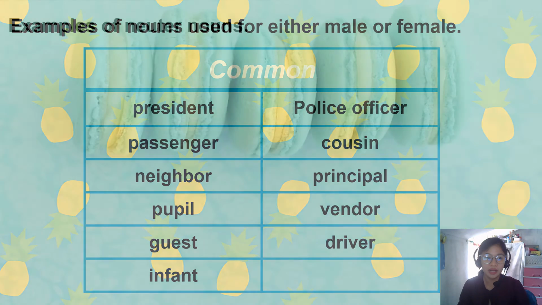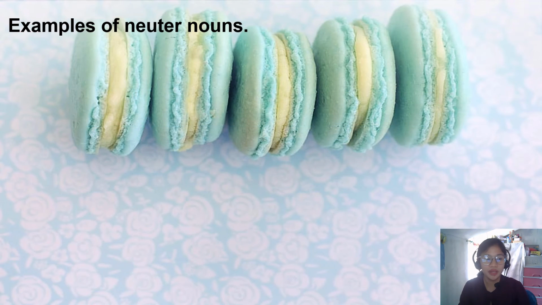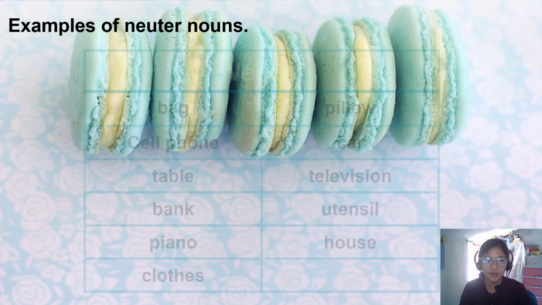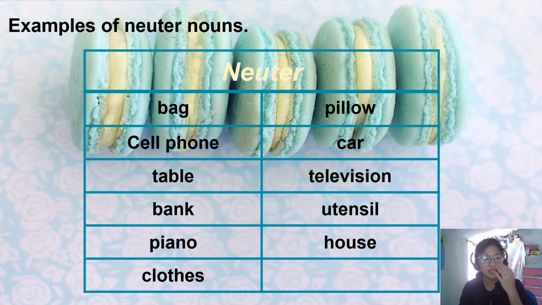Next one, we have here the examples of neuter nouns. So when you say neuter nouns, again, these are the non-living things or the objects. Okay? So when you say objects, therefore, it does not have gender. Okay? Because it cannot be identified as male or female. That is why we call it neuter. Okay?